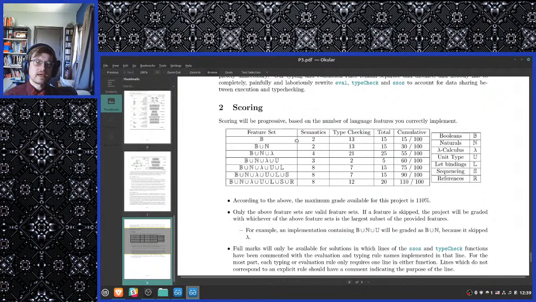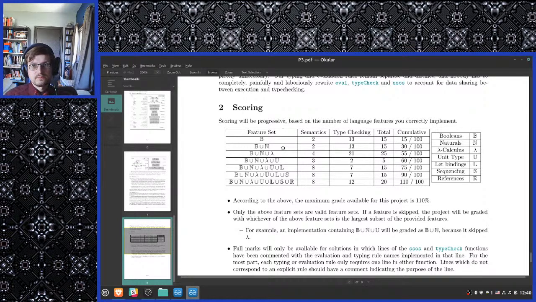So you get 2, 2, and 4 marks for taking your old project 1 and 2 implementations and converting them to the new data types. A little bit of a freebie, to be honest with you. All you have to do is some renaming. Most of these first bits are going to be the implementation of a type checker over Booleans, naturals, and lambda calculus.